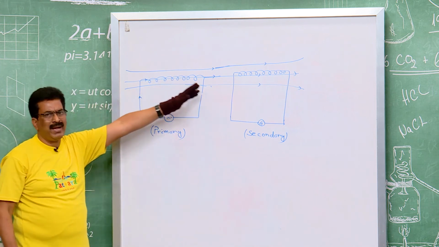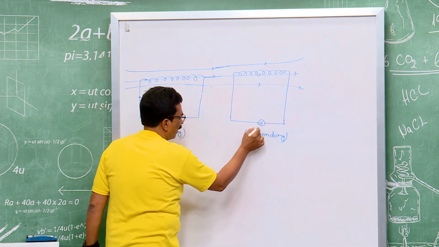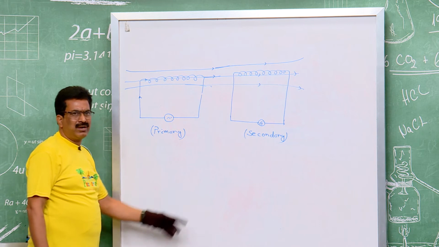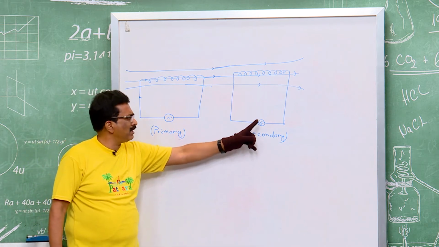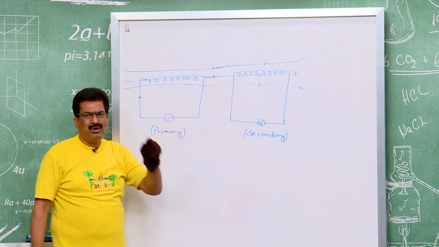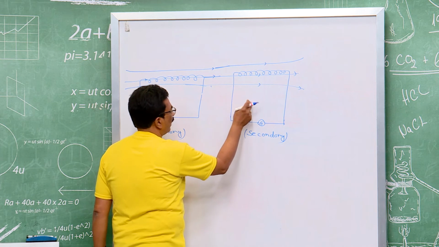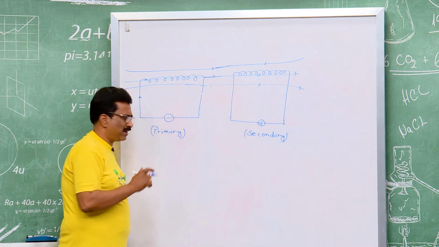When it affects this one, you will find a deflection in the galvanometer. What does the deflection in the galvanometer indicate? In the second coil, some current has developed.